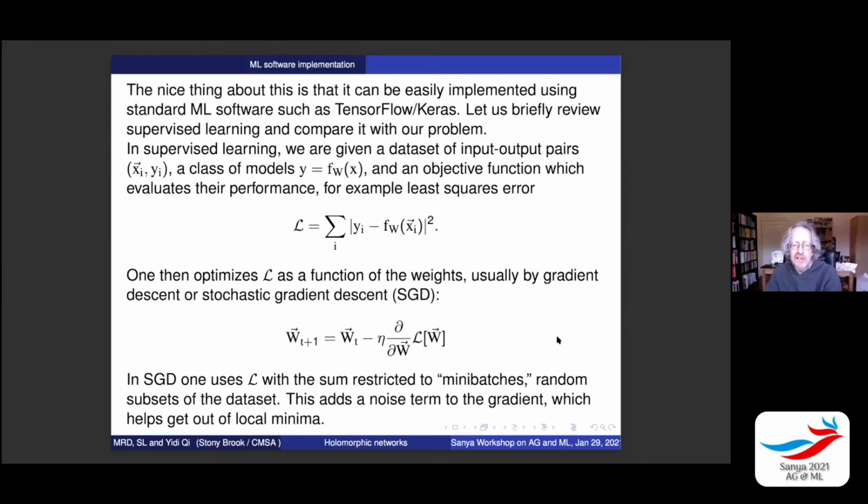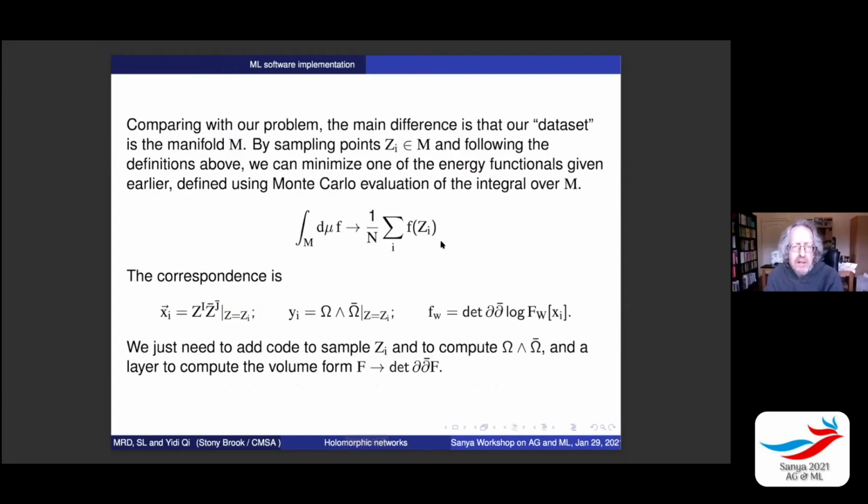So here's a very, very brief review of supervised learning. Basically we're trying to interpolate or extrapolate a function with input values X, output values Y, and we're going to choose the weights to minimize some loss, like the mean squared error of the function evaluated at some set of points. Okay, so how does that relate to our problem?